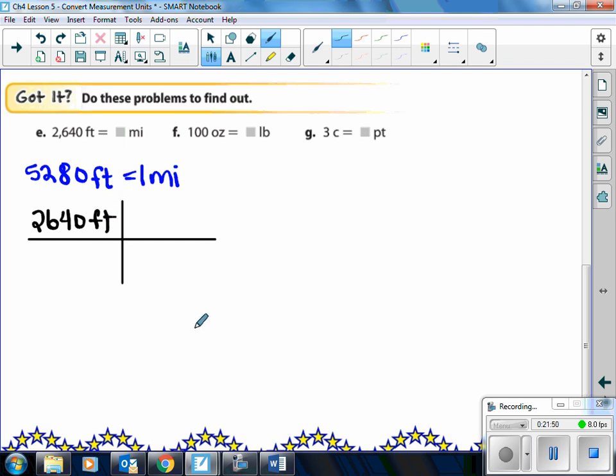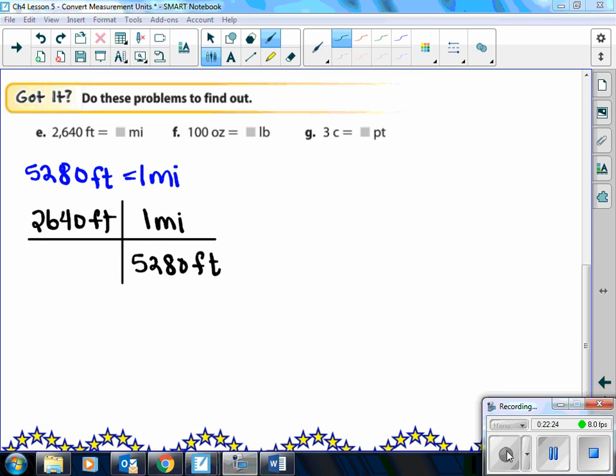Now we want to place our conversion factor in here on the next section, so that feet will cancel. Okay. So if feet is in the numerator, where should feet go in the next fraction? Should be in the denominator, right? So we're going to put 5,280 feet right here, and 1 mile goes in the numerator.